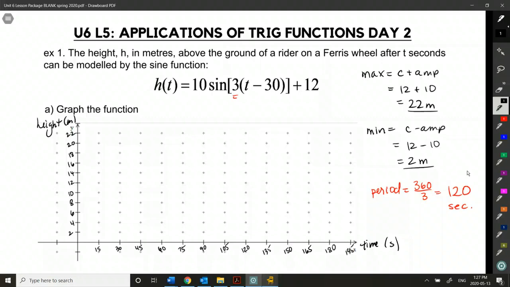Then I want to take a look at a little trick that we can use to figure out how to graph this without necessarily having to do transformations.